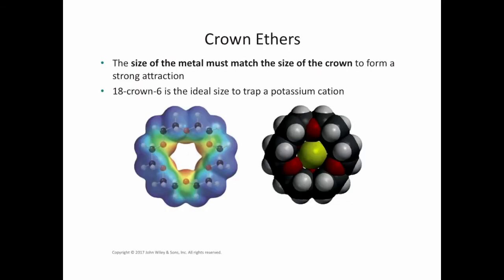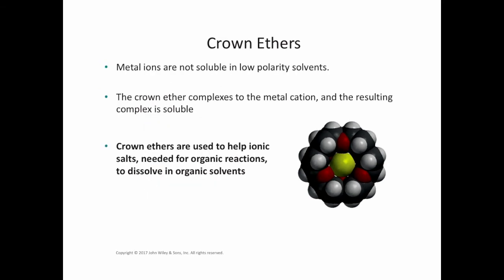The size of the metal must match the size of the crown to form a strong attraction. So 18-crown-6, for example, is the perfect size for the potassium cation. Crown ethers are often used to help solubilize metal ions because metal ions are not soluble in low polarity solvents. However, if you add a crown ether, it complexes with the metal cation and then the resulting complex is soluble.